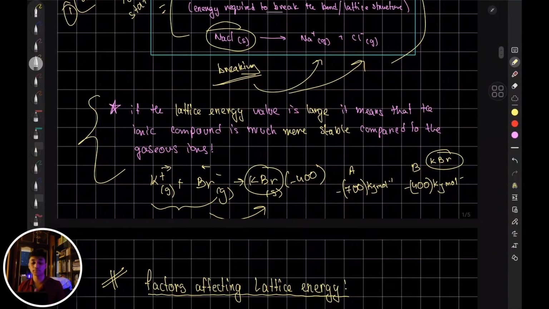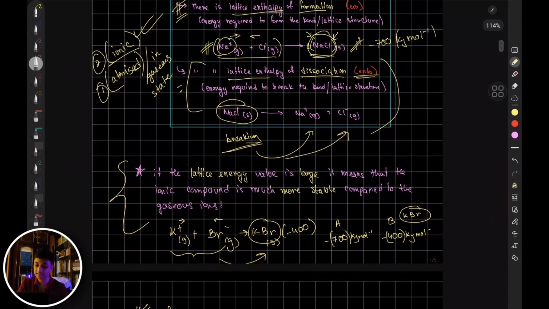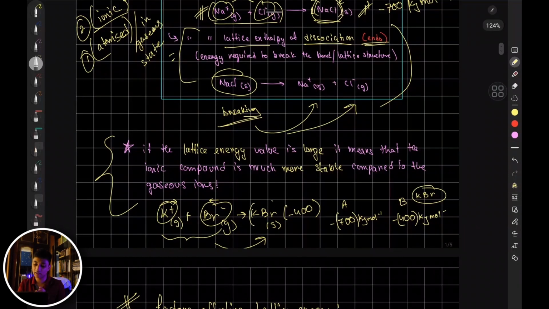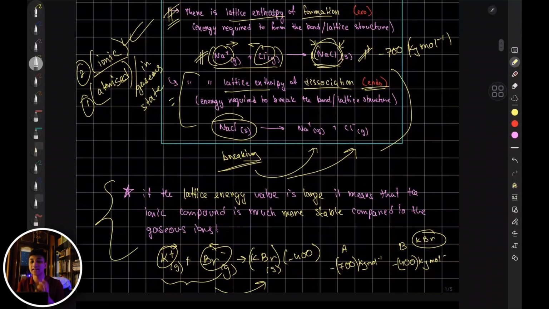Whereas for potassium bromide, the attractive forces are not that strong. So compared to Na+ and Cl-, potassium and bromide ions are a bit more stable, even as ions, because the attractive forces are not that strong. So the compound they form is also, as a result, a bit less stable compared to NaCl.